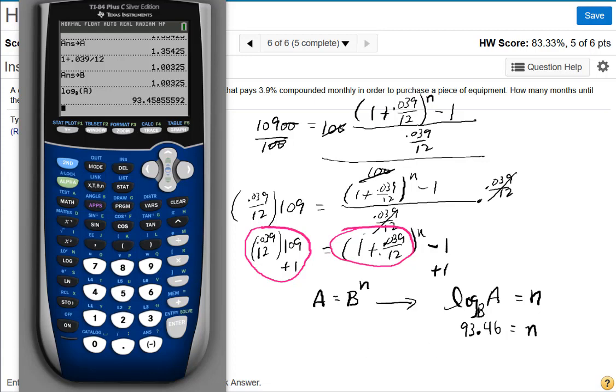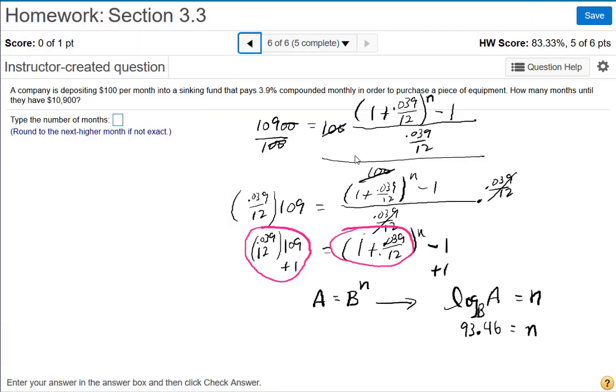And round off appropriately. Now again, pay attention to instructions on rounding. It does not say round off. It says round to the next higher month. That would be a 94.